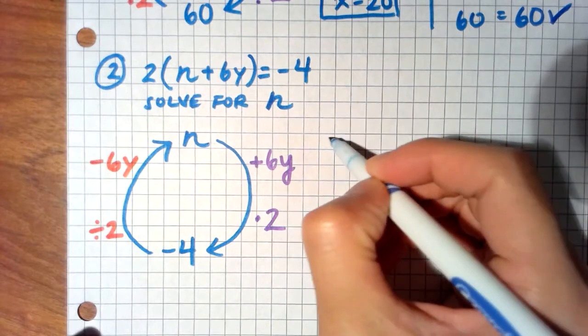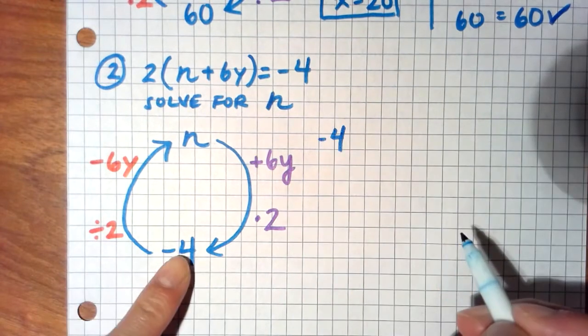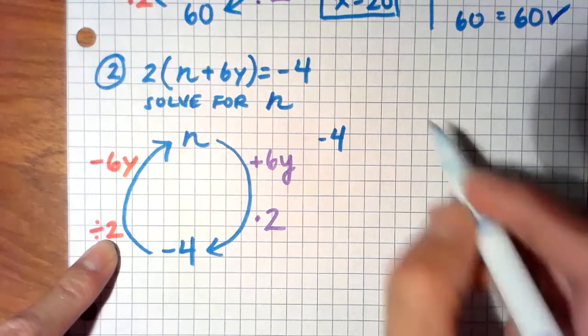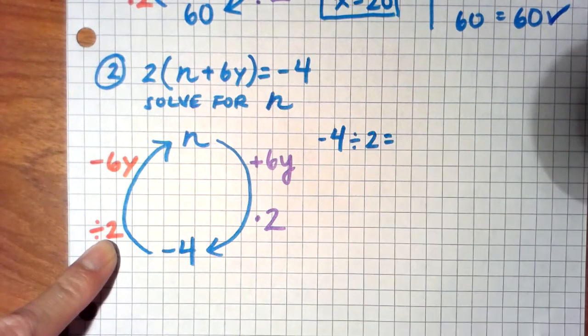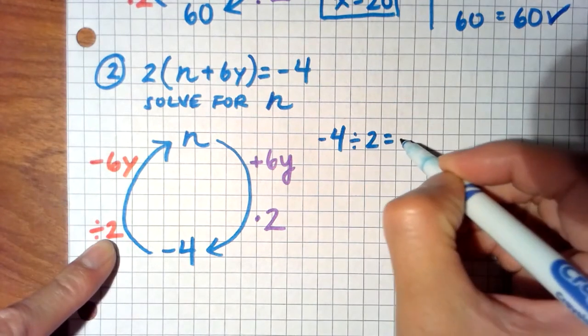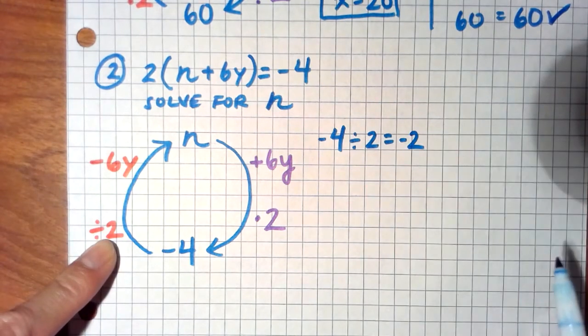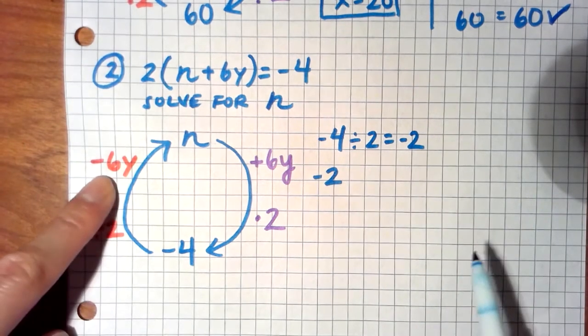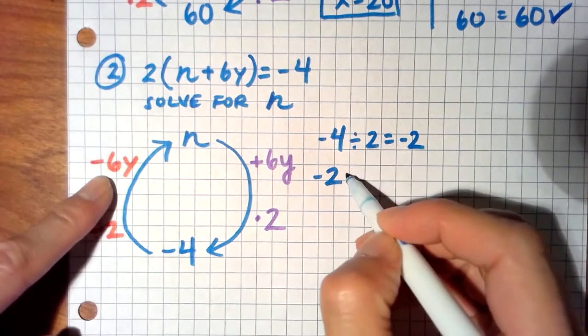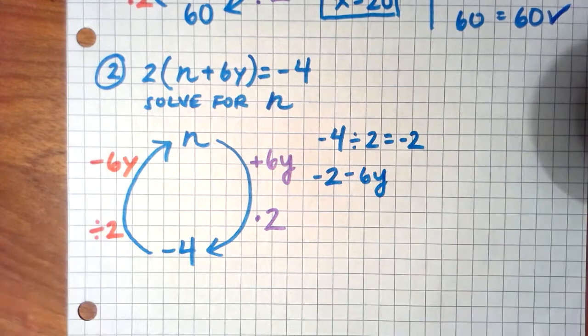So starting with -4, we divide that by 2. So -4 divided by 2 is -2. And then the next step is we're subtracting 6y. So I'm going to write -6y here.